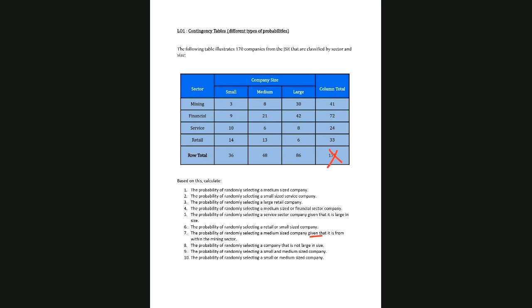Remember, the formula is the probability of A given B is calculated by taking the probability of A and B over the given, which is the probability of B. Here, we make medium-sized A and the mining sector B. So your given is B, which is the mining sector.